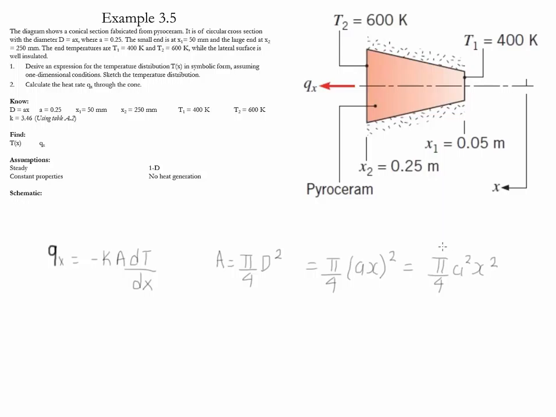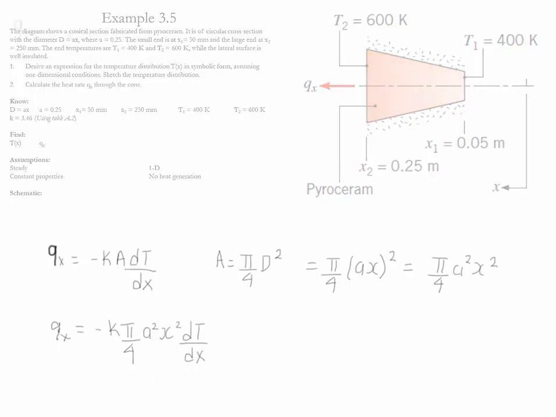We substitute now the variable area into this equation. So Qx then becomes negative k pi over 4 a squared x squared dT/dx. This provides a relationship of the rate of heat exchange as a function of x squared.